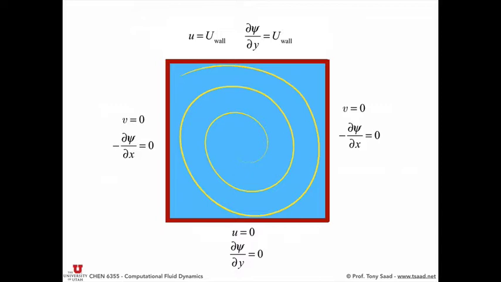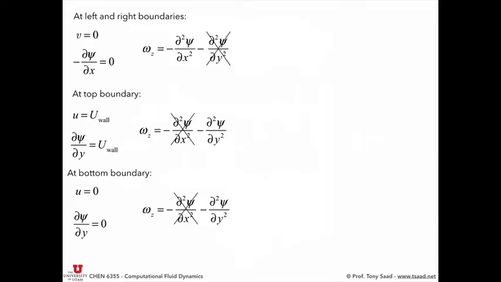So now we're going to use the vorticity equation, which is the Laplacian of the stream function. At the left and right boundaries, forget about what's here, v equals 0, ∂ψ/∂x equals 0.